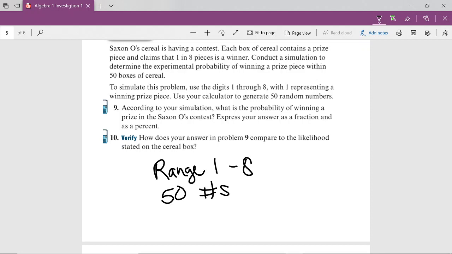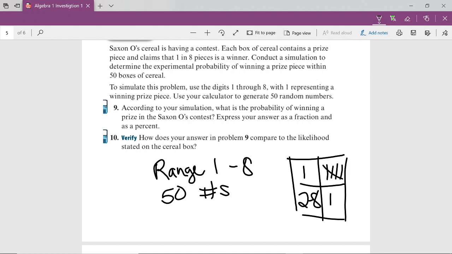So what I would do is set up a little table, and say, all right, how many times did we get the number 1? How many times did we get the numbers 2 through 8? So I would count it up or tally it up in those 50 experiments. And then I would have, out of 50, how many times I actually had a winner.